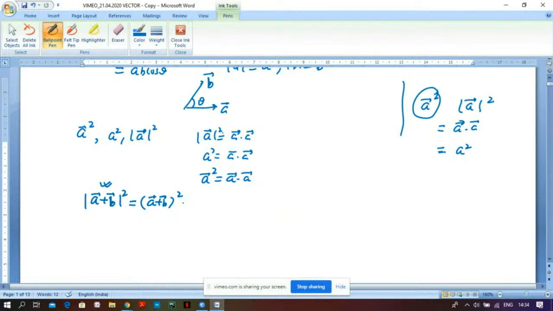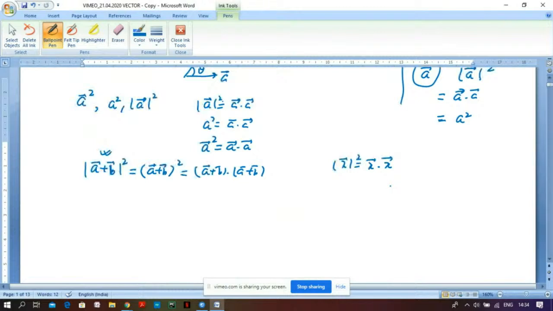And you can also say this as A plus B dot A plus B. So you are applying the definition that modulus x squared is x dot x. And so A plus B dot A plus B you can do termwise. So I'll write A dot A plus A dot B, so I am developing it, plus B dot A and plus B dot B.